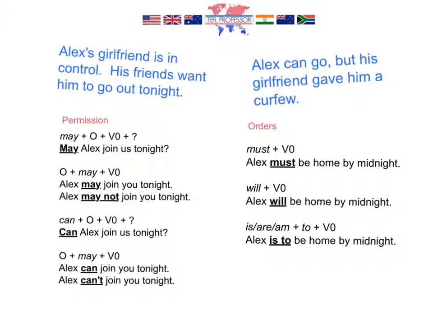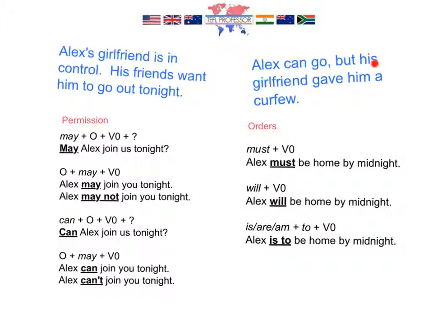Or if you're talking to a girlfriend. Orders. Now, orders is something that goes in the reverse direction. Permission, we ask for permission, and then someone gives us permission, someone who stands above us, like a parent or a boss. Orders, the boss gives us an order. So for orders, we use must, will, and is to.